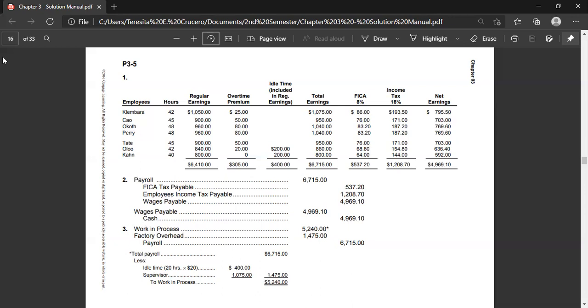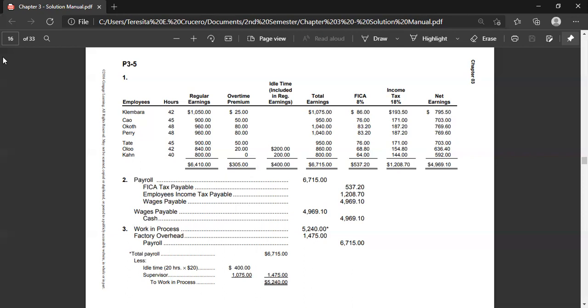1,075. So we now get FICA 8%, if the rates are still the same as given. So we have the rate of 8% FICA. Income tax is 18%. Then we have the net earnings: 1,075. We deduct 86 and 193.